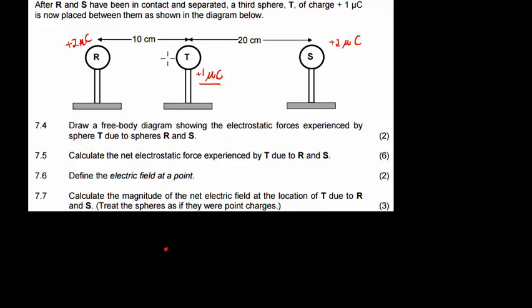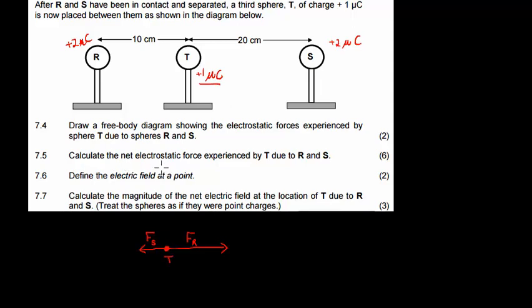So in other words, T would experience a repulsive force from S. These two have the same charges, but T is closer to R and further away from S. So the repulsive force experienced by T from S will be smaller than the repulsive force from R, so let's call this FR. That force would be stronger than the repulsive force he's experiencing from S, FS. So this is point T. Does that make sense? Both are repelling him because they have the same charges.